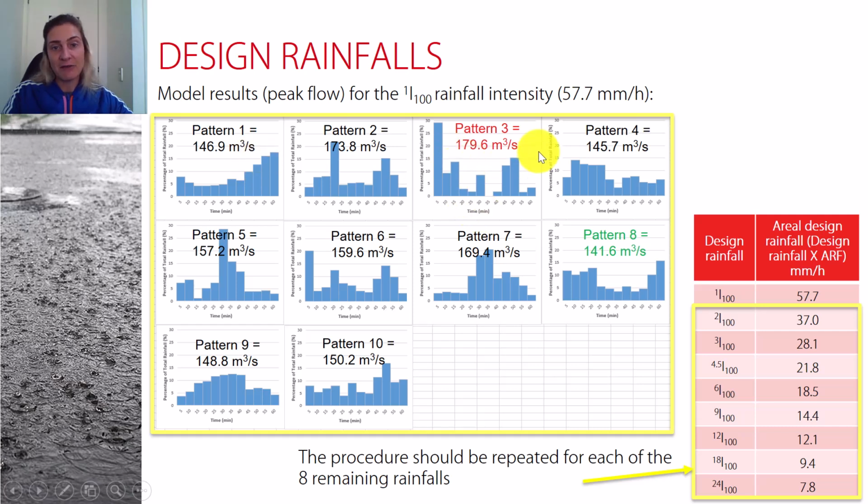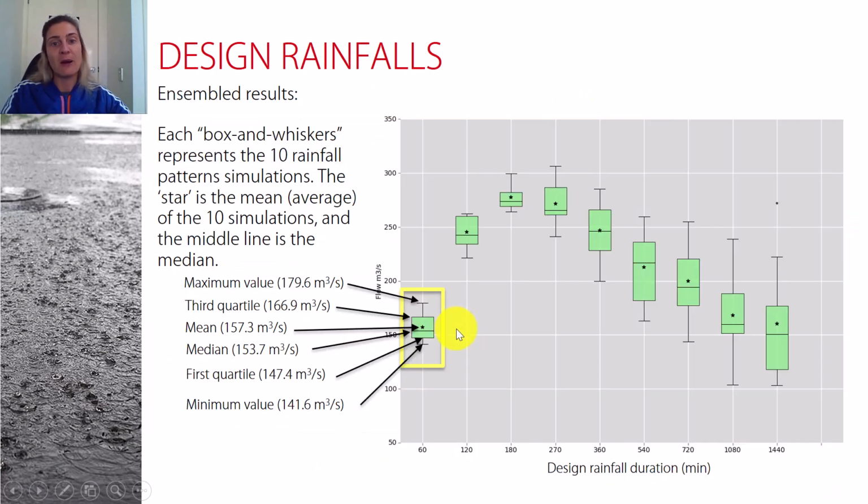I have just emphasized here the one that generated the highest peak, which, as you can see, came from a rainfall event that is mostly concentrated in the first time interval of its duration. And we also have the one with the lowest peak, which is one that has one of the most uniform distribution of rainfall. Now, this procedure needs to be repeated for all the other rainfall durations. The simulation of 10 rainfall patterns.